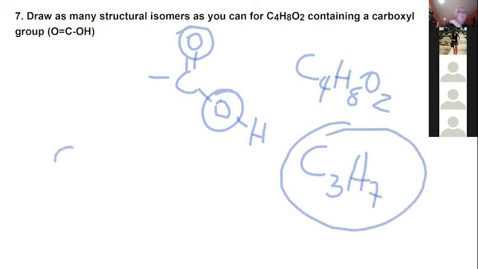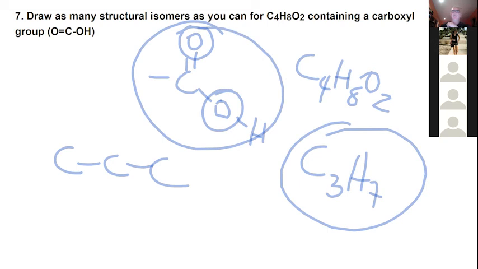So go 1, 2, 3, and think how many places you can put that. Basically, there's 2 places you can put it, right? It either goes there or it goes there. So there's really only 2 structural isomers you can draw.